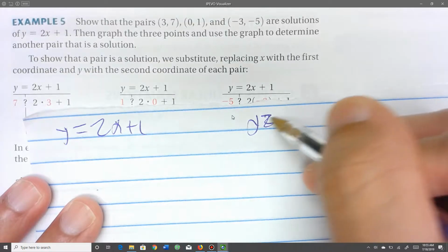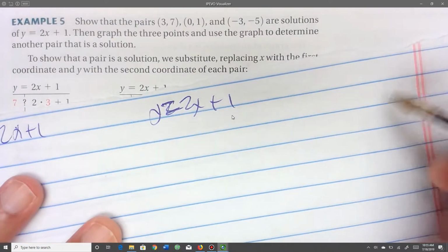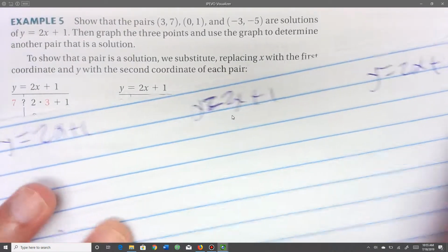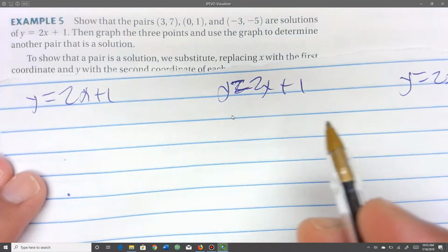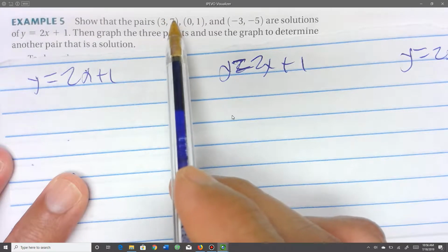Y equals 2x plus 1, and y equals 2x plus 1, and that way I can work them out all at the same time. And the ordered pairs are 3 and 7.